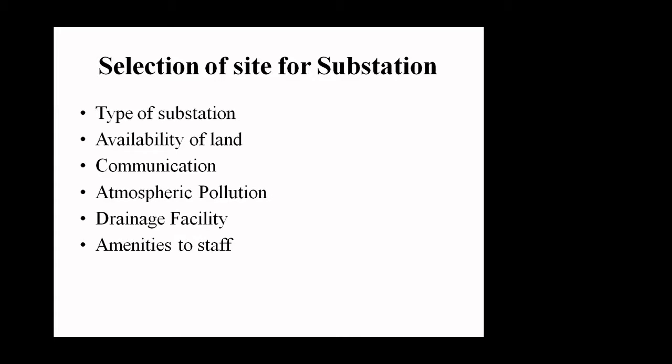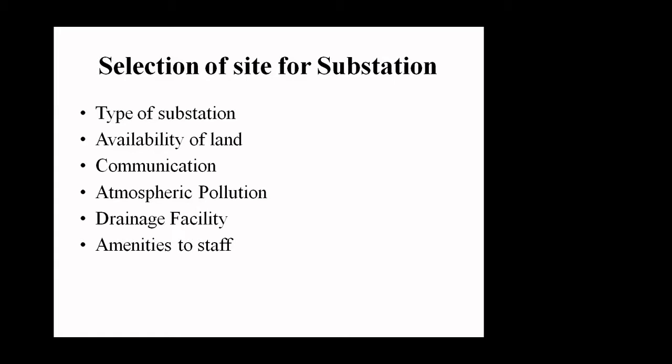This type of land should be available in sufficient quantity. So one is water logging should not take place, and the second point is transmission lines must be easily possible to make without any obstruction. So that type of land we have to select.